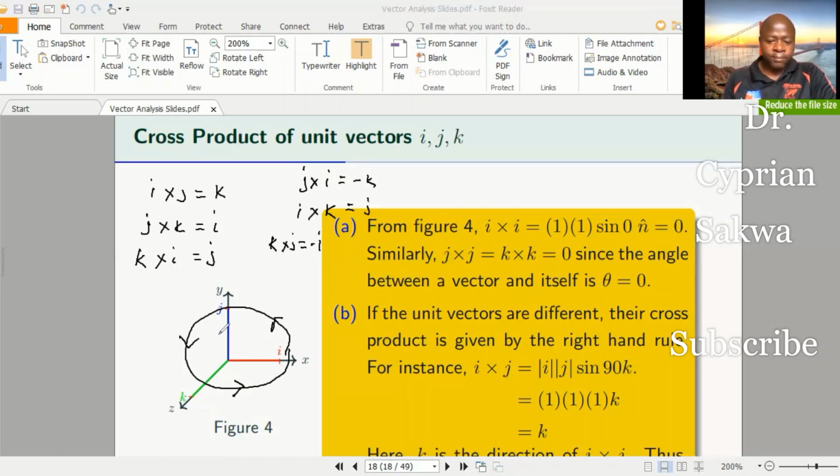So what that means is that the cross product is not commutative. As we've seen, I cross J is not the same as J cross I. It's not the same, because this was giving us K, but this one gives us negative K. So therefore, the cross product is not commutative.